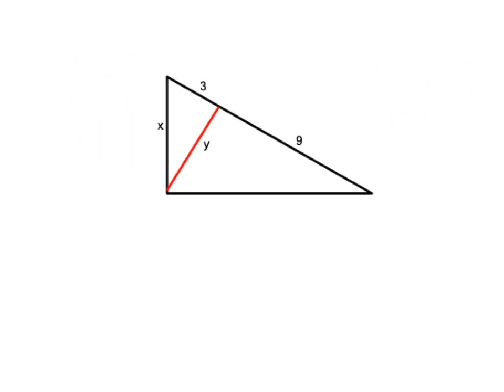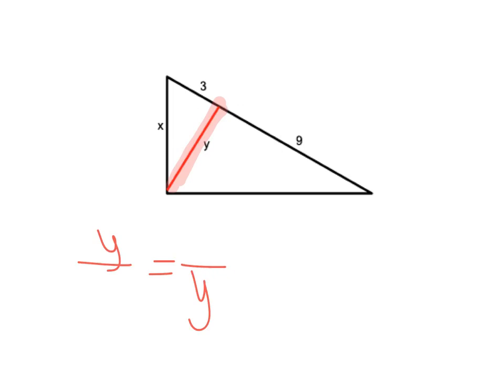Okay, so we have two things here. We have to think about what actual information is given. Okay, y is an altitude. So we want to think y, which is the altitude, is the geometric mean. Before I tell you, I want you to think for just a second.